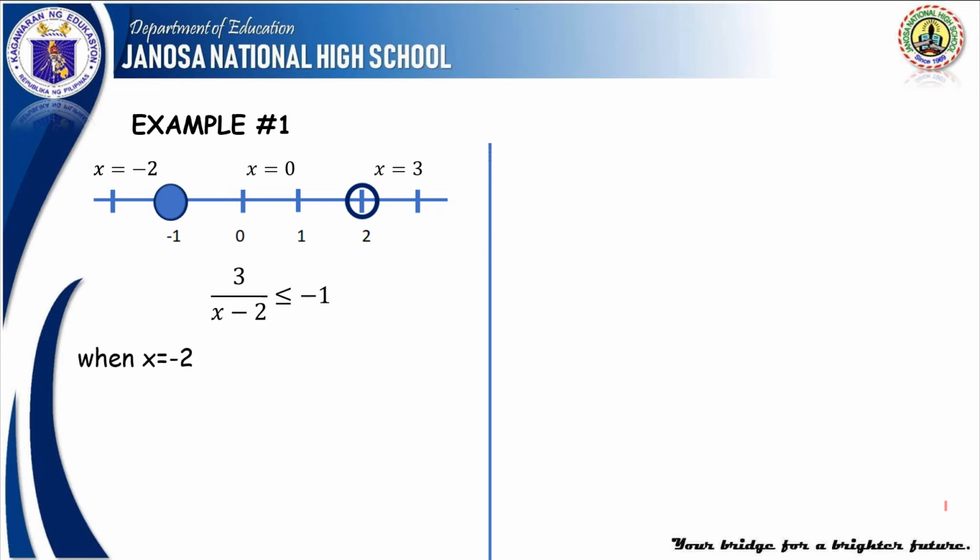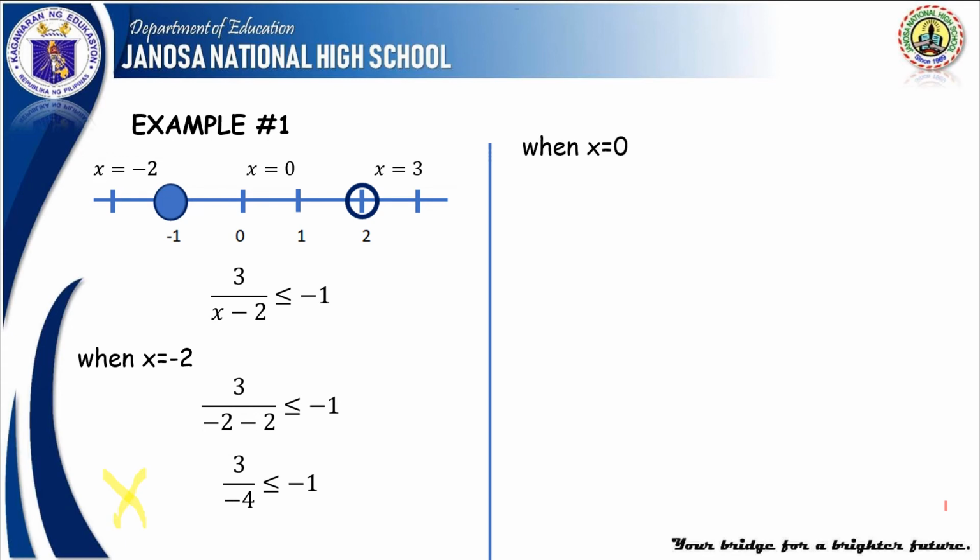So, when x is equal to negative 2, we will have 3 over negative 2 minus 2 is less than or equal to negative 1. By simplifying, we will get 3 over negative 4 is less than or equal to negative 1. And this is incorrect, since negative 3/4 is greater than negative 1.